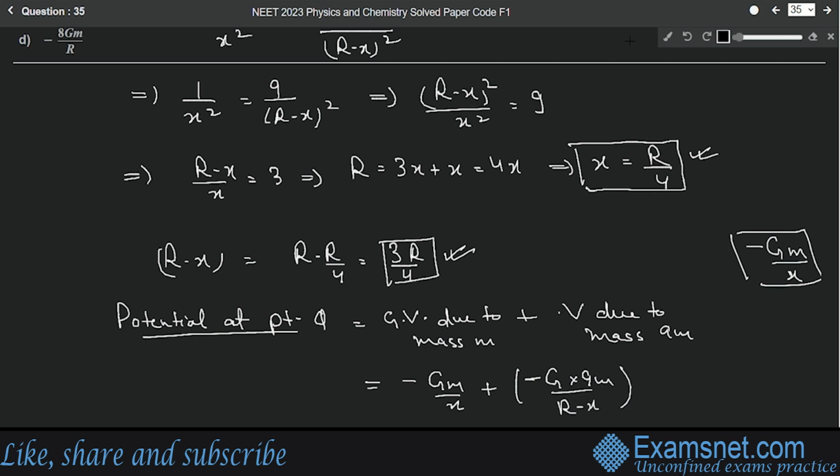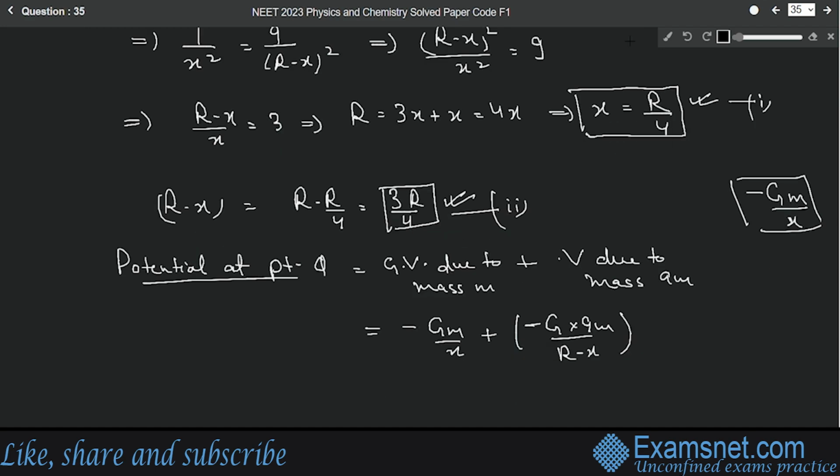Now we'll put the values of x and r minus x that we have calculated. So let's put these values. Minus GM by x, with x equal to r by 4, and on this side we have minus G into 9m by (r minus x), which is 3r by 4.